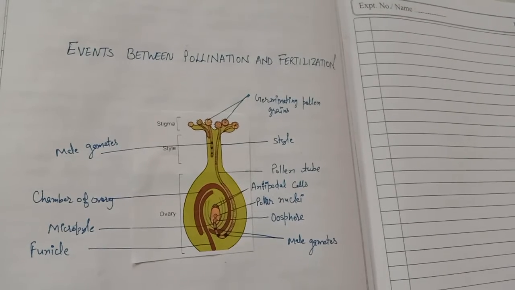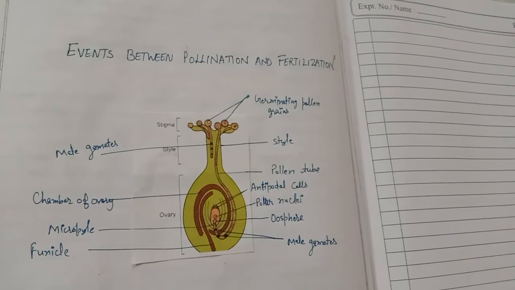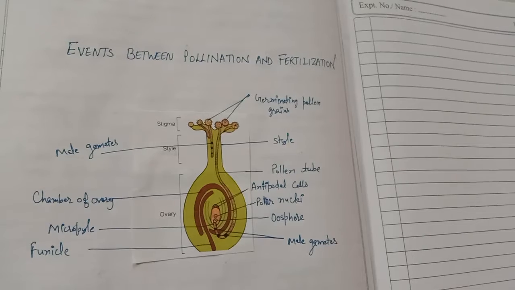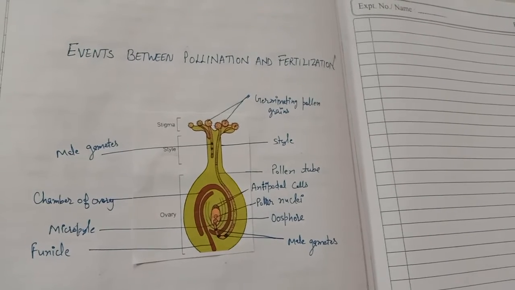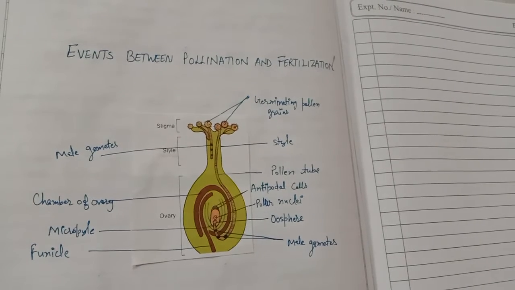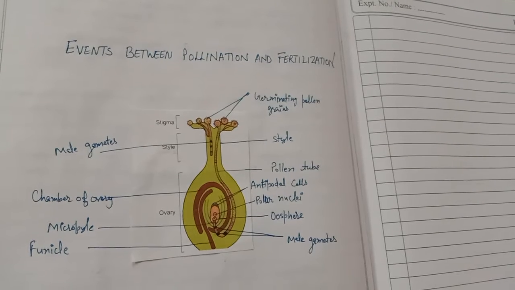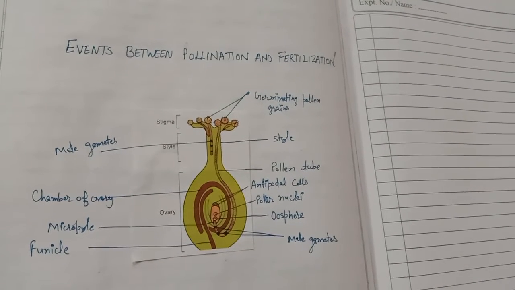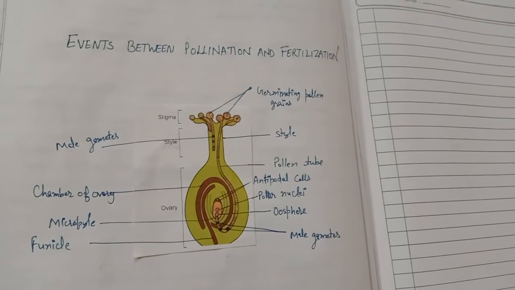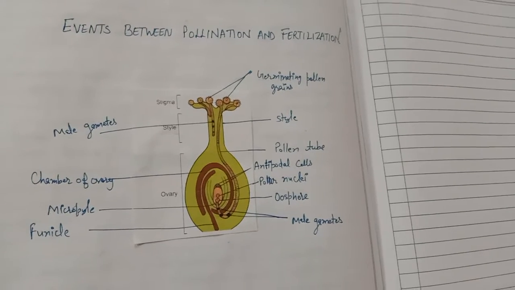Then it enters the style and passes along its canal or transmitting tissue. For its growth and advancing, the pollen tube obtains nourishment from the transmitting and other cells. From the style the pollen tube enters the ovary, and ultimately it reaches the ovule and enters through the micropyle.